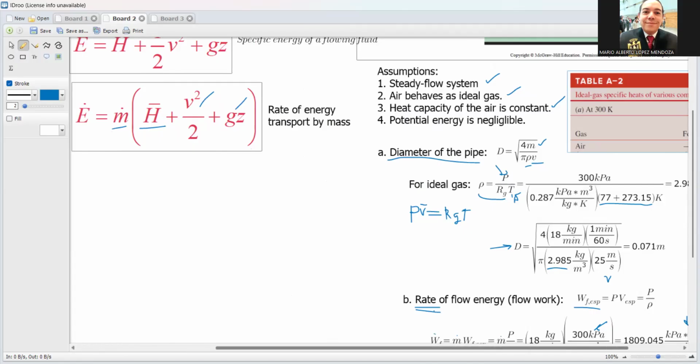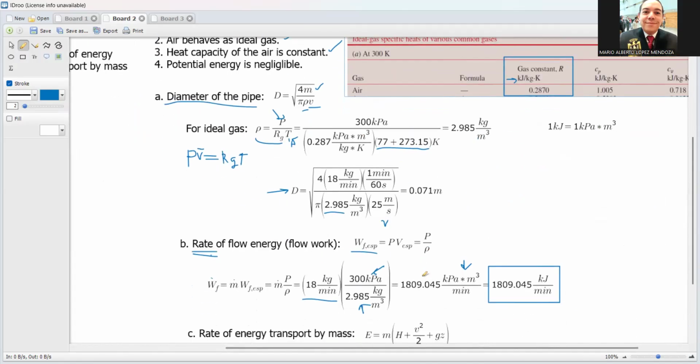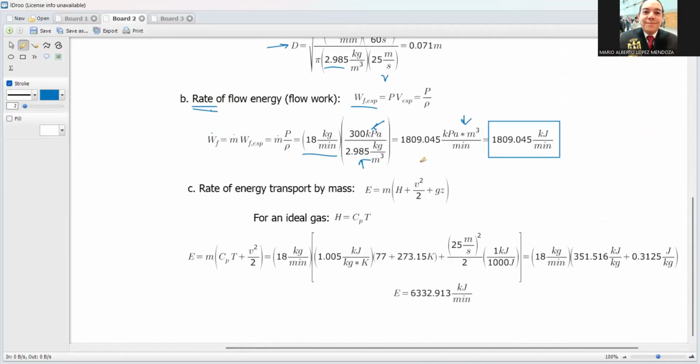In the assumptions, we have stated that potential energy is negligible. So this term must be considered as zero. So we just need to estimate the enthalpy and the kinetic energy of the fluid.